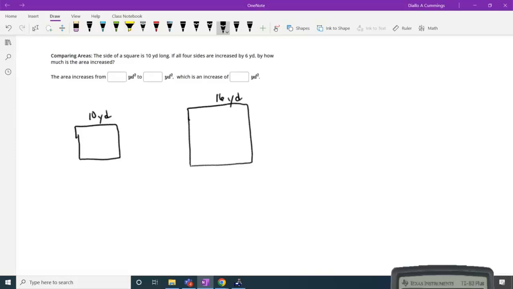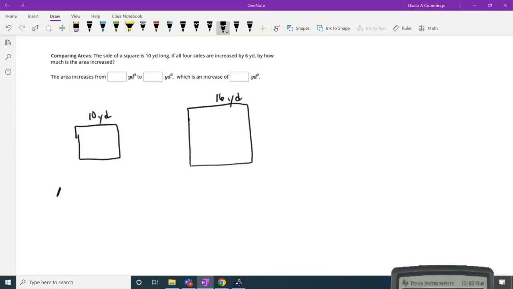And then we're asked to answer this question in 3 parts. It says the area increases from blank square yards to blank square yards, which is an increase of blank square yards. So for this first blank, I have to figure out the area for a square that has a side of 10 yards.